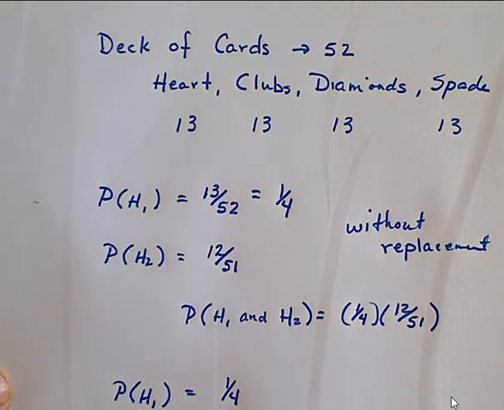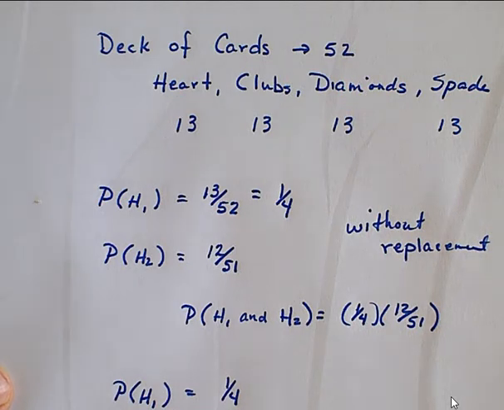And then I have 52 cards, so the probability stays the same. So that's how you determine whether they're independent or dependent. Does the first one affect the second? And like I said, the key word that you'll see in several of the problems on that front side is the idea of replacement.